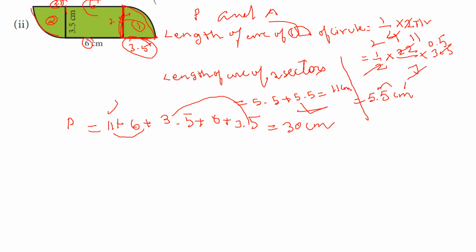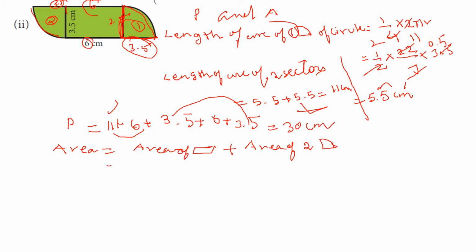Next, find the area of the given figure. So what shapes are given here? Rectangle. So area of rectangle plus area of 2 quadrants. Here 2 quadrants are given. So for the rectangle, what is the formula?